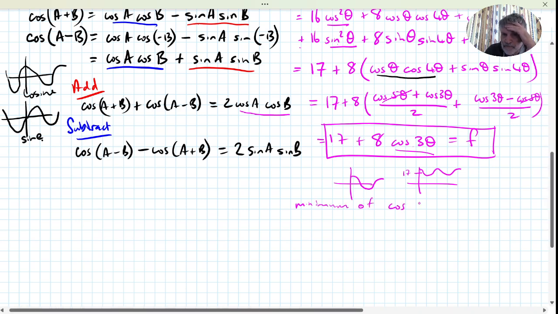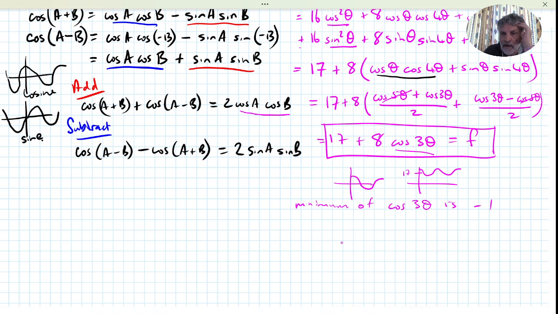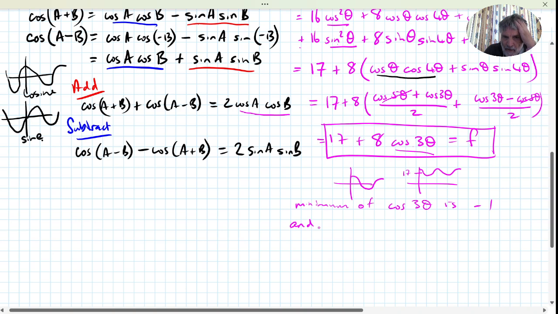The minimum of cosine 3 theta is minus 1, and it occurs when 3 theta equals pi.